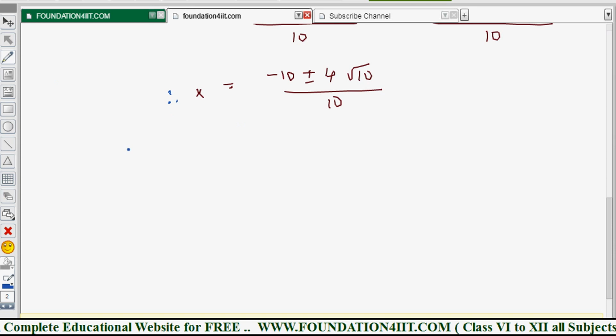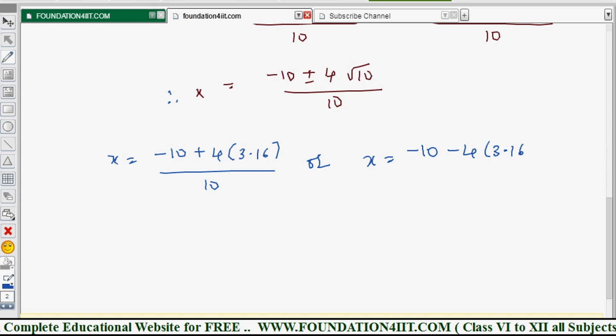Therefore, x is equal to minus 10 plus or minus 4 into 3.16 divided by 10. Once you take a plus, once you take a minus, right? Now x is equal to minus 10 minus 4 into 3.16 divided by 10.